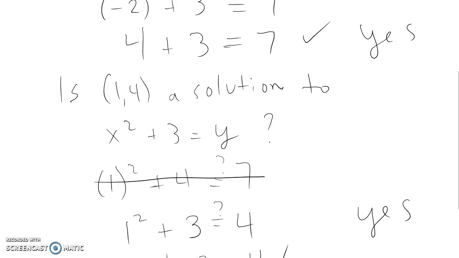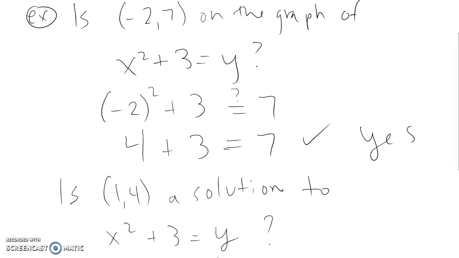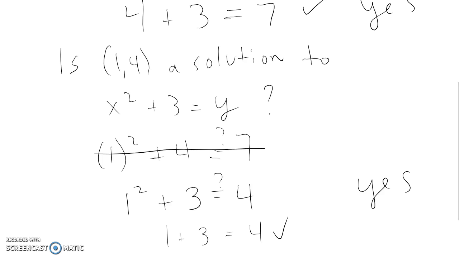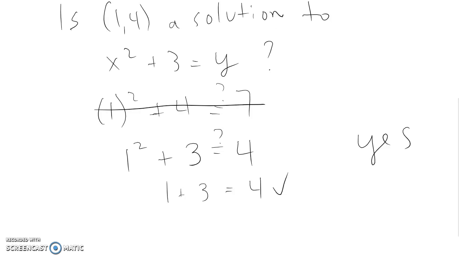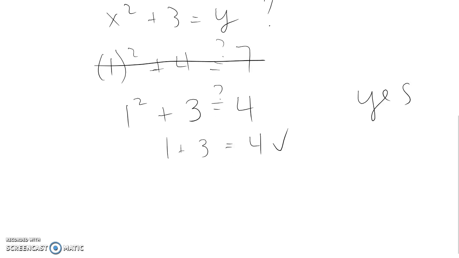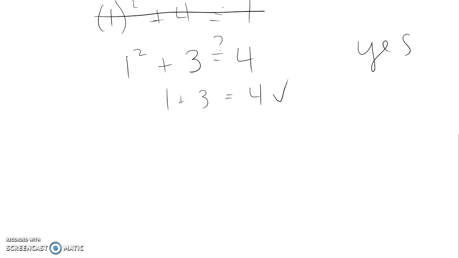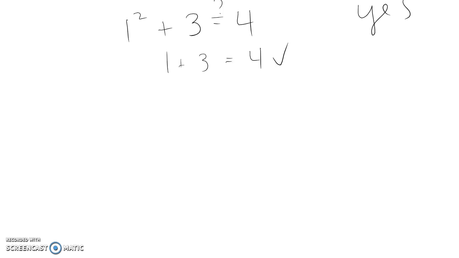Notice, basically it's the same question. To ask if a point is on a graph, or to ask if a point is a solution to an equation, it's asking the same thing. Let's plug that point in and see if it satisfies the equation.